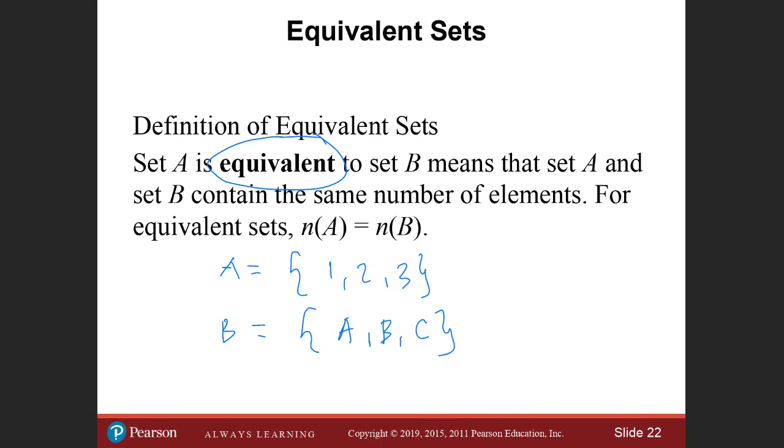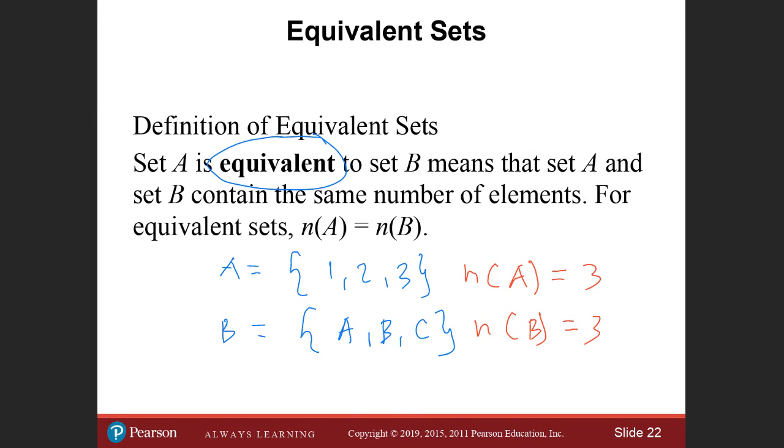Then if we're going to think about cardinality, the cardinality of A would be 3, and the cardinality of B, still 3, because you're trying to count the number of elements inside the set. So it means that they are equivalent.